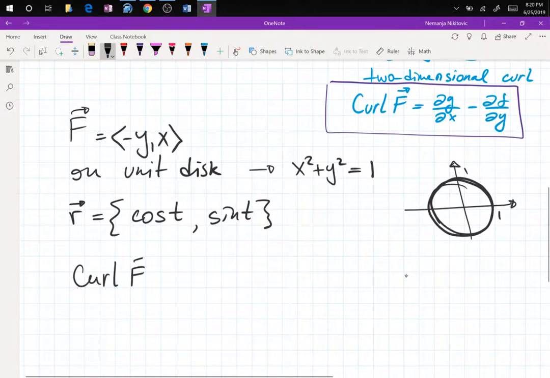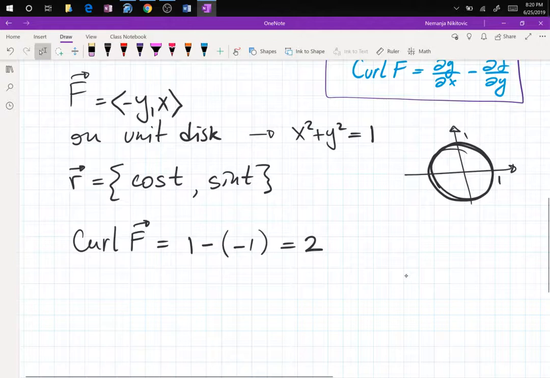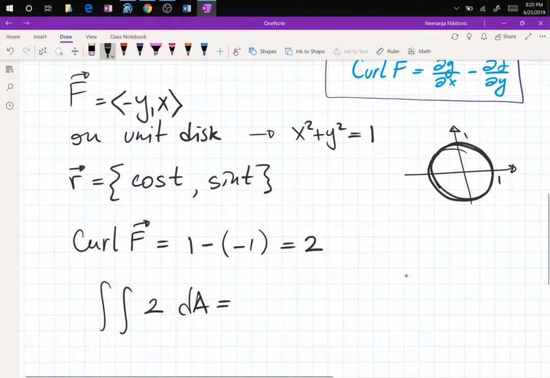So curl of F is equal to the partial of G with respect to x, which is 1, minus the partial of F with respect to y, which is negative 1. So altogether it is 2. So now I need the double integral of 2 dA over that disk.